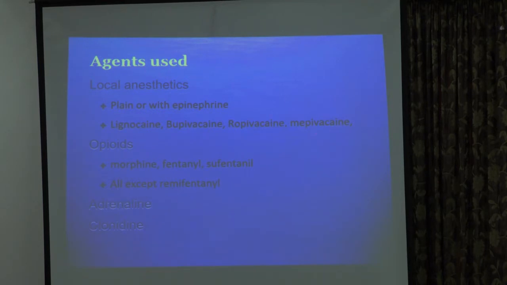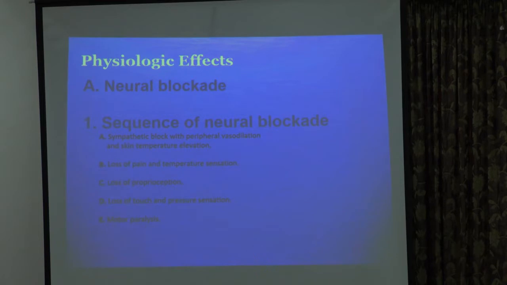And then after the sympathetics, the next thing is what? Pain and temperature. In fact, temperature gets blocked before pain. If you are not going to use your autonomic changes to test whether your spinal is working, the next thing is to use something cold to check your dermatomes to see if the patient can feel whether it's cold or not.